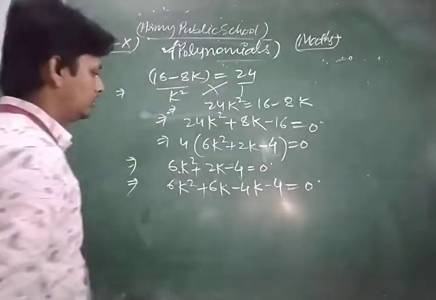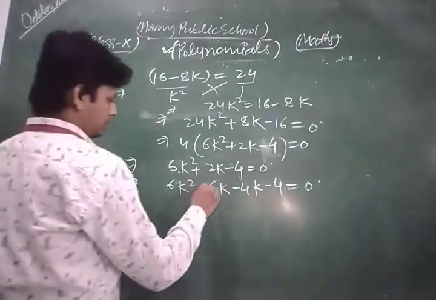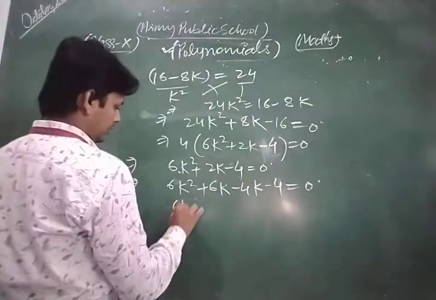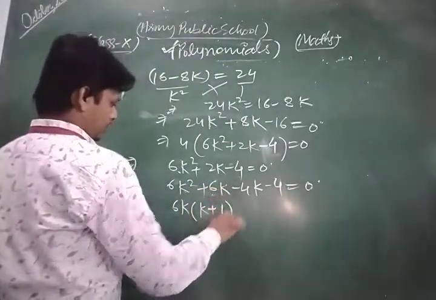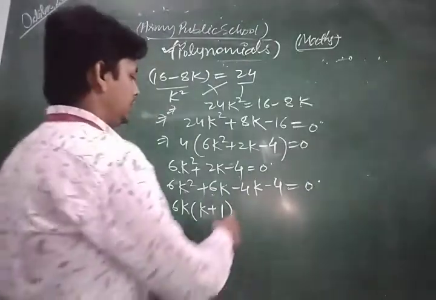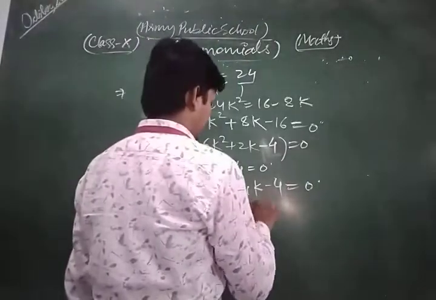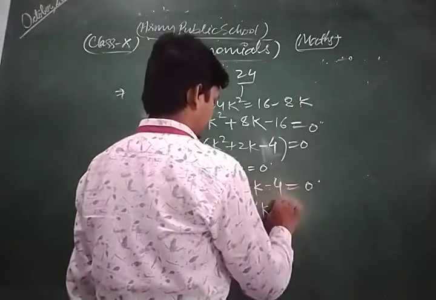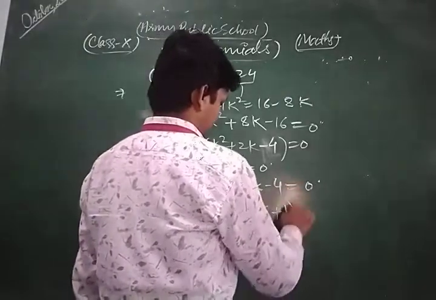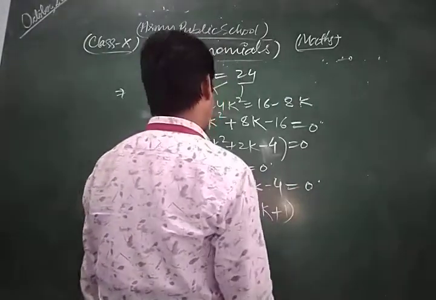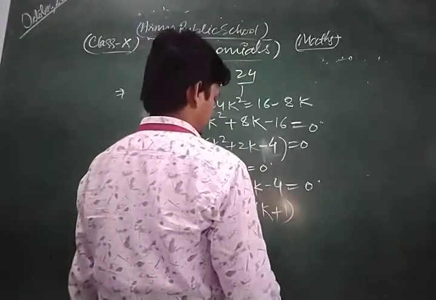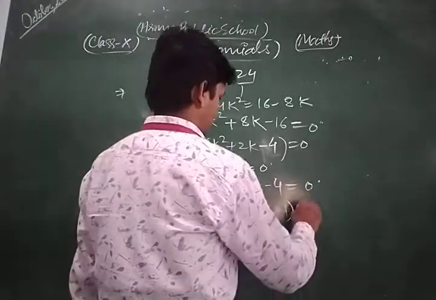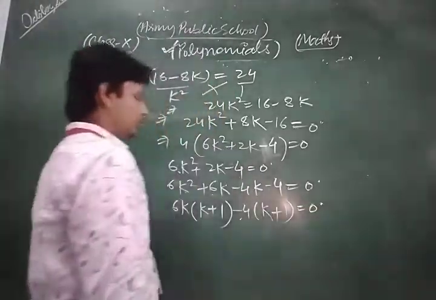equal to 0. Now from these two terms we take 6k as common, that is (k + 1) is left here, and from these two terms we take −4 as common, so we get (k + 1) here, equal to 0.